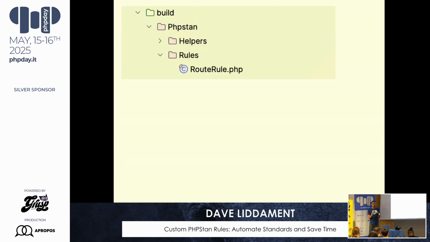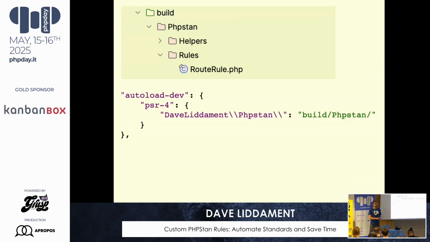Where are we going to put these rules? Well, if they're specific to my project, then normally I create a build folder at the same level as source and test. I might be using other rules, so I have a PHPStan one in there, and then I have a rules section, and that's where I put my rule. We also have to tell Composer where to find these rules, for the autoloader anyway, so we add that.